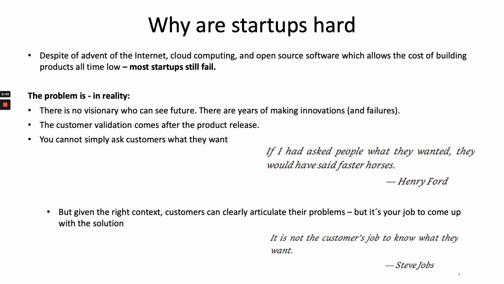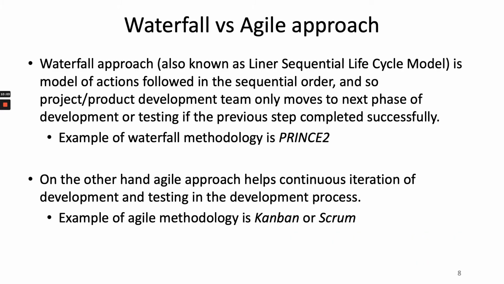So you start with the problem, and it's your job to come up with the solution. That's why you're an entrepreneur. Again, customers can't give you the solution, but they can articulate the problem, and it's up to you to find a solution.